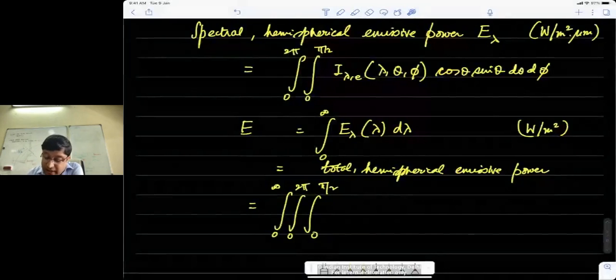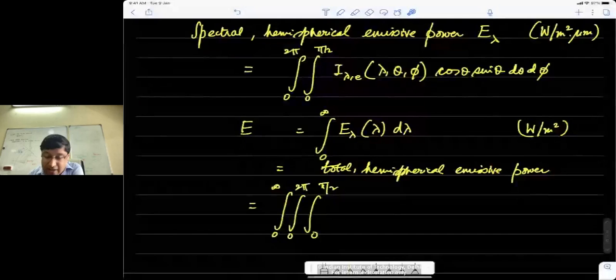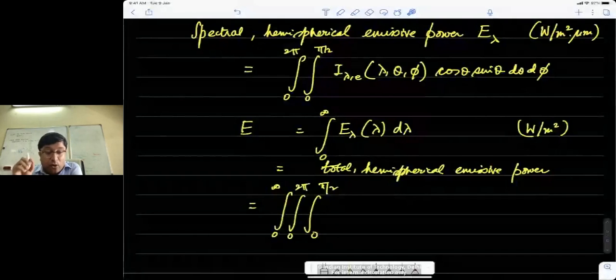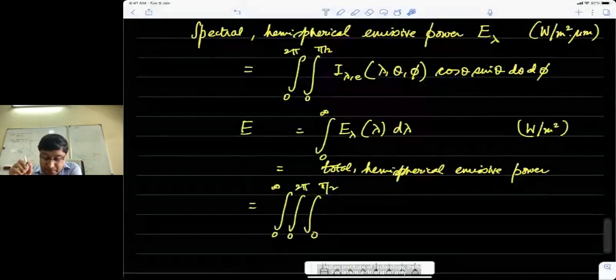I also don't know historically, certain things are written in a certain way. So even though it says it's power, the units are still written in terms of watt per meter square, because we don't consider the area at this point. Quantities are defined always per unit area.